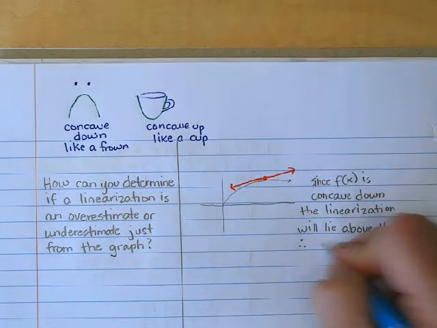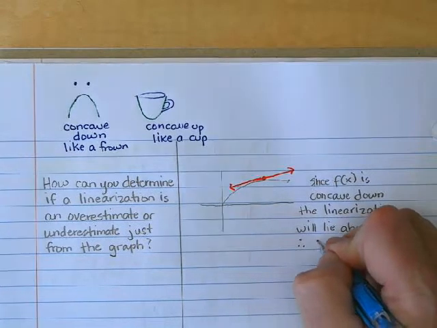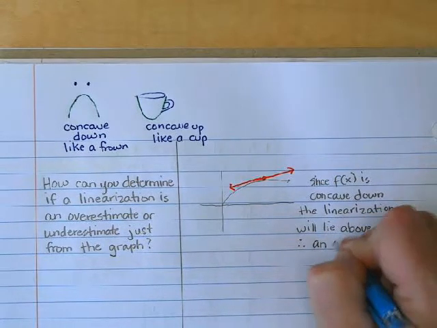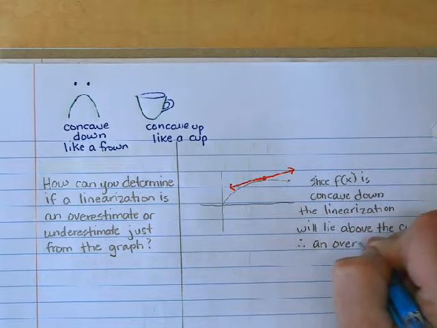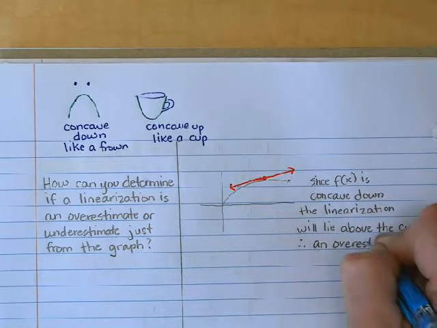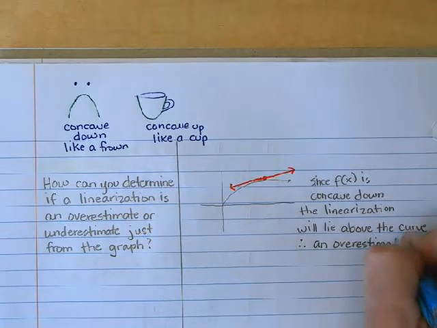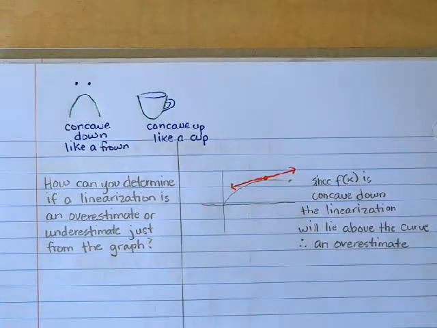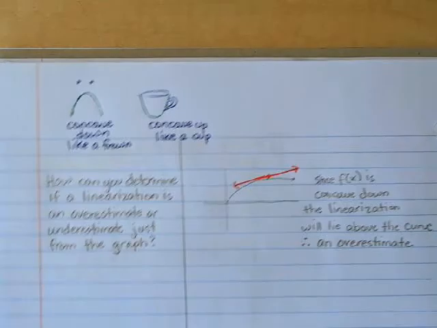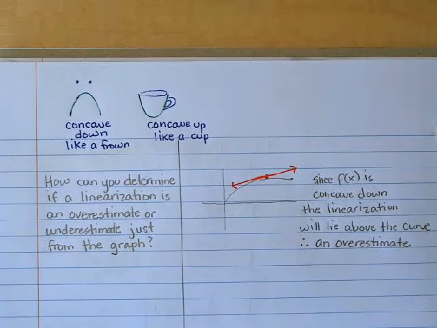Well, if it's above it, thus it's going to be an overestimate. And even though it's an overestimate, we saw that they're really, really small.